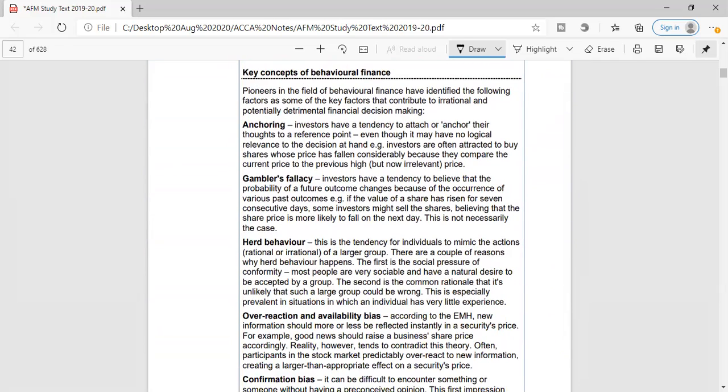So that is one thing, anchoring. Anchoring is something when one person triggers a behavior and others start to follow.